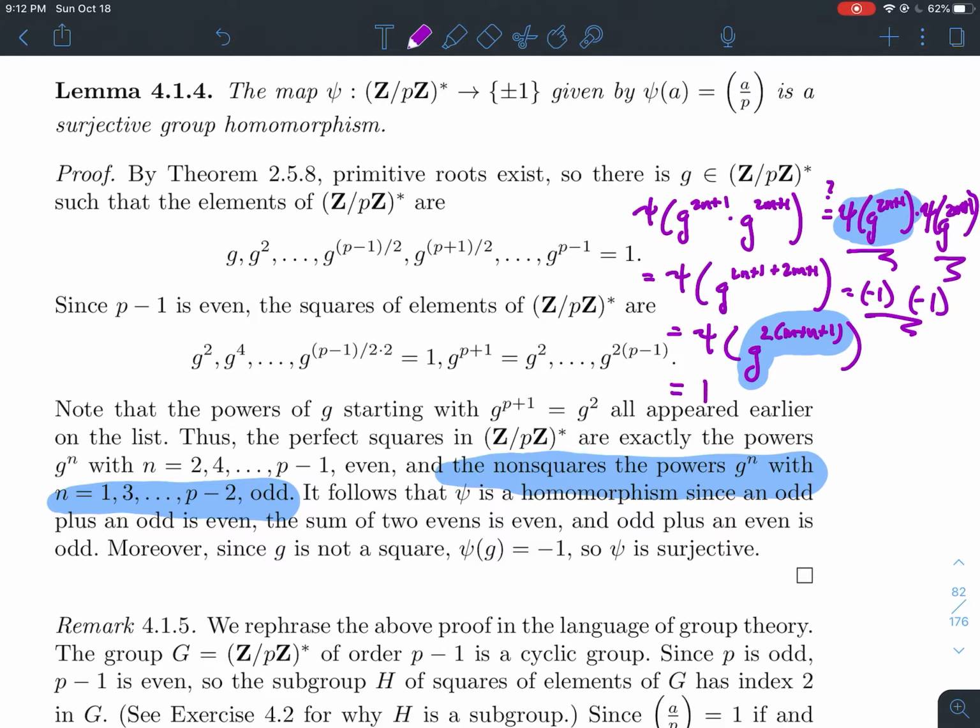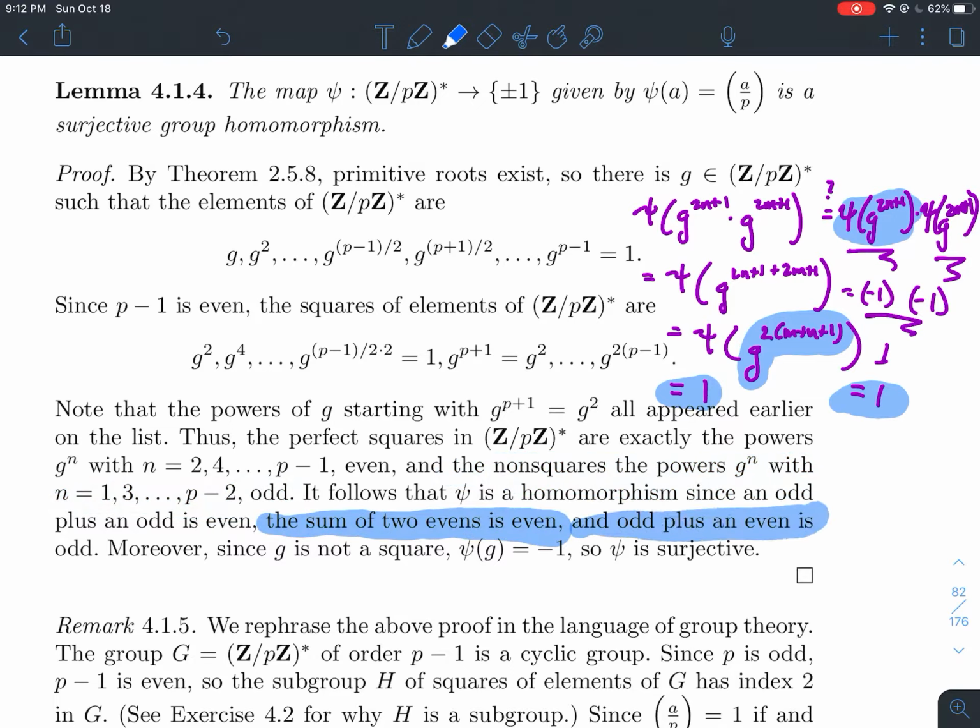When I multiply these two, yes, I get 1. So we've just verified in that instance that the Legendre symbol can split into those two pieces. And the rest of the proof is pretty similar. It follows that exact same logic because of these nice facts about evens and odds and what happens when you multiply them or add them together.